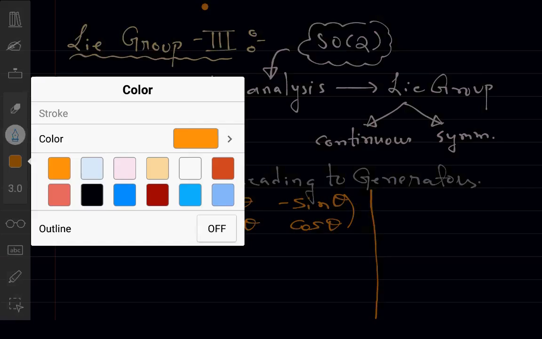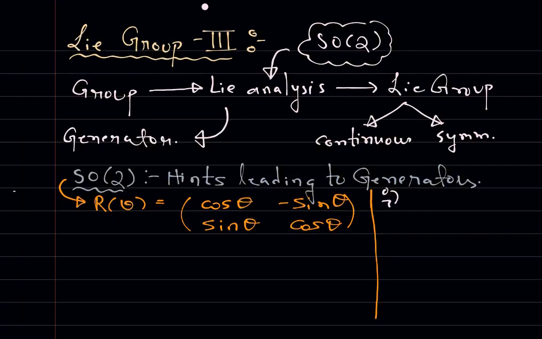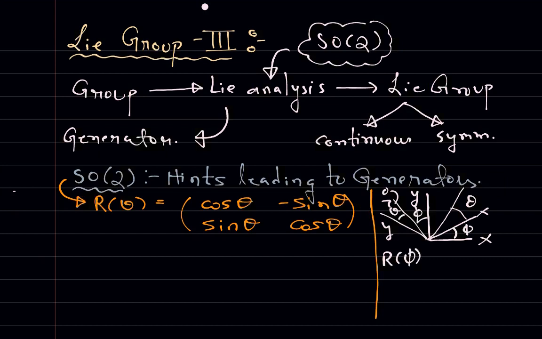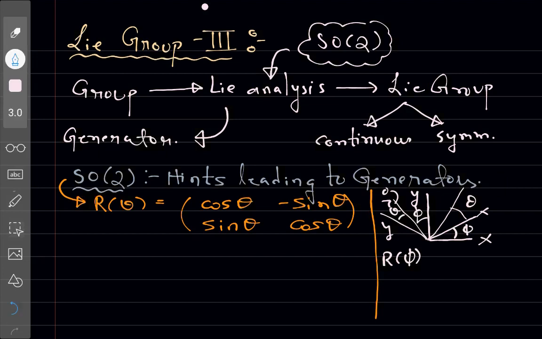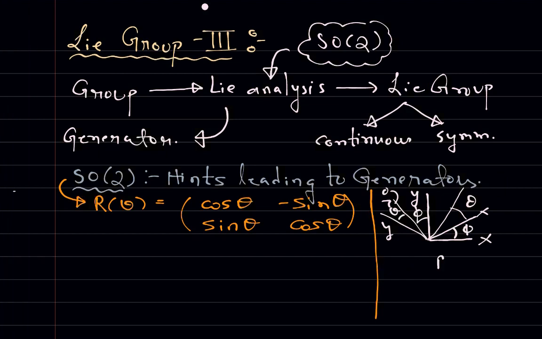You need to remember, bit number 1, that if you have a coordinate system x and y, and first you rotate the system by angle phi, so all the x and y's are rotated by angle phi, and then you again rotate all of them by an angle theta, then you will see that it is equivalent to directly applying the rotation by theta plus phi on the coordinates x and y.